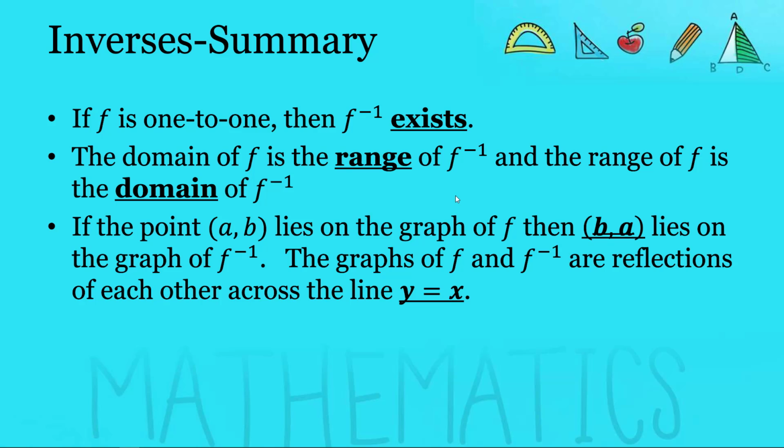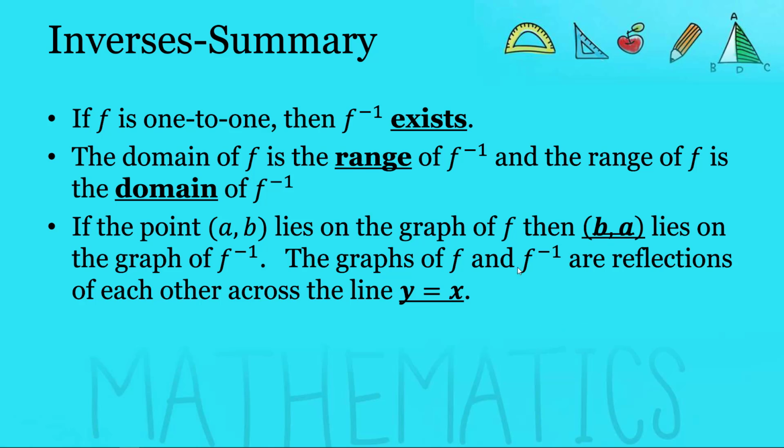If the point AB lies on the graph of f, then the point BA lies on its inverse. And once again, the graph of a one-to-one function and its inverse are reflections of each other across the line y equals x.